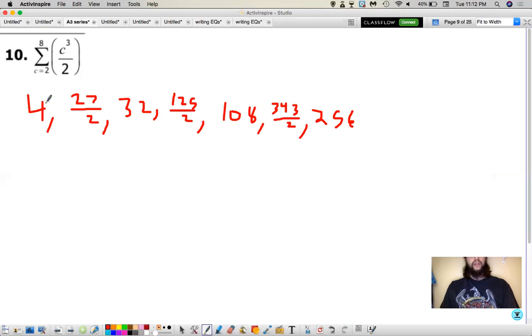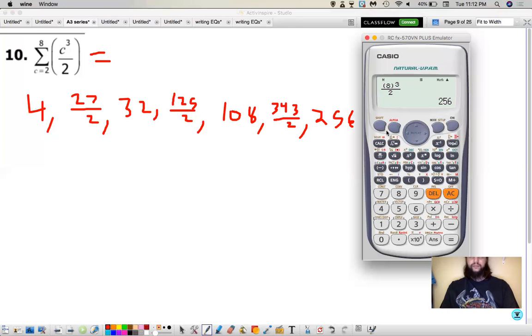Anyway, there is your sequence. We need the series. We're going to add that stuff up. 4 plus 27 over 2 plus 32 plus 125 over 2 plus 108 plus 343 over 2 plus 256.